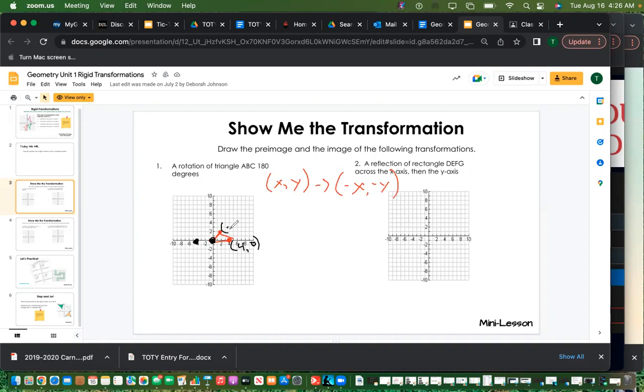When we change 2, 2, that's going to become negative 2, negative 2. It's down here. Ta-da! I would use my tools up at the top in order to draw all this stuff. You can draw lines, you can put points.